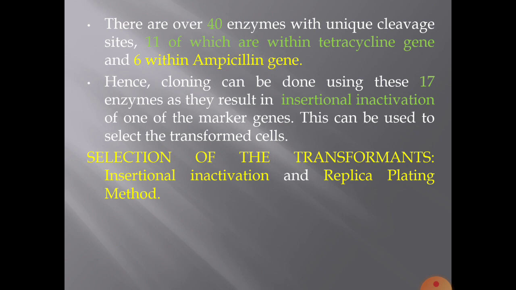By inserting the DNA of your choice, you are making the tetracycline resistance gene inactive so that the cell will be susceptible to that particular antibiotic. So that screening and selection will be very easy, right? So selection of the transformants is by insertional inactivation, and that is followed by the replica plating method.